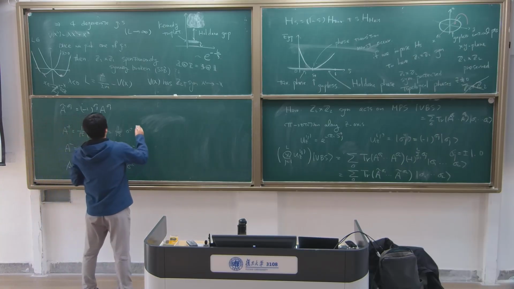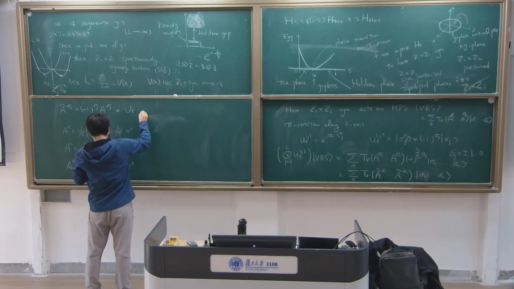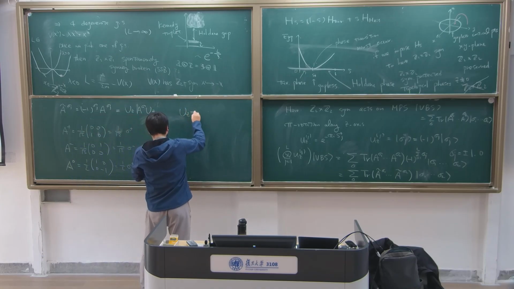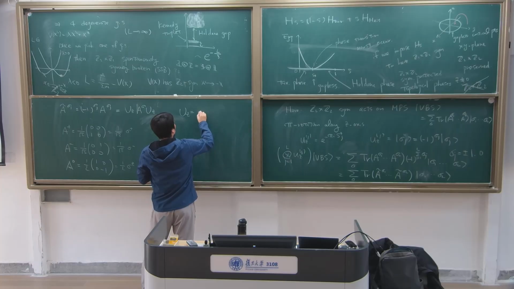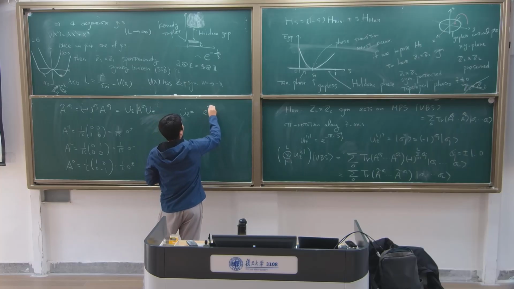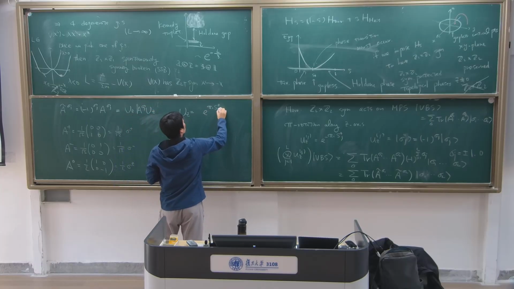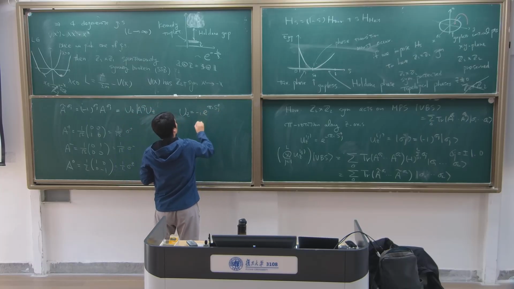And then this one can be understood as U_c sigma, and sigma U_c, where U_c is e to the pi i S, sigma j, and minus i.